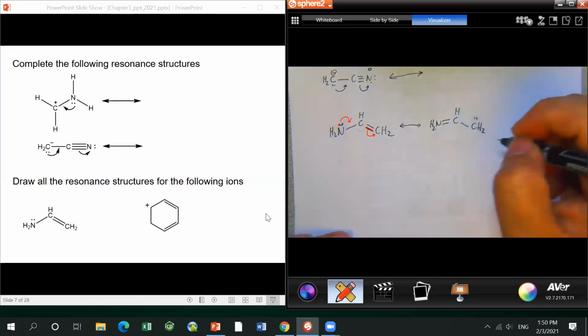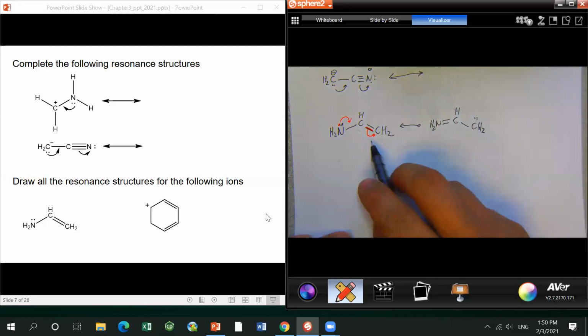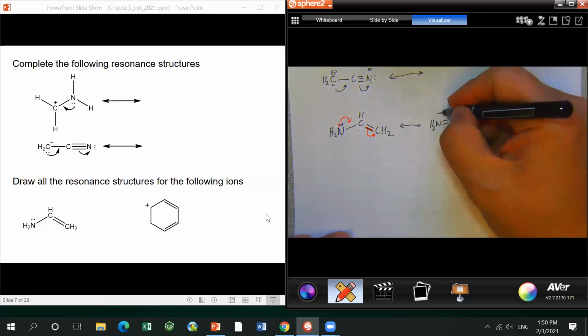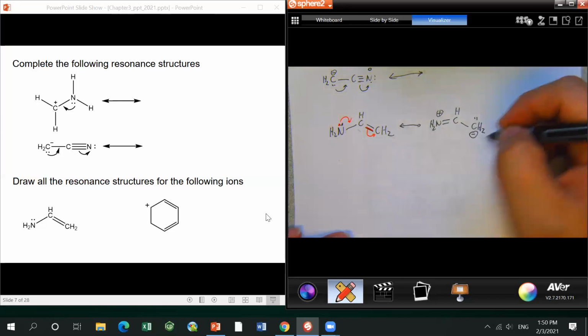Now you need to label formal charge. Originally everyone is neutral, but now nitrogen loses one electron and becomes positive, and carbon gains one electron and becomes negative. So you need to label those.